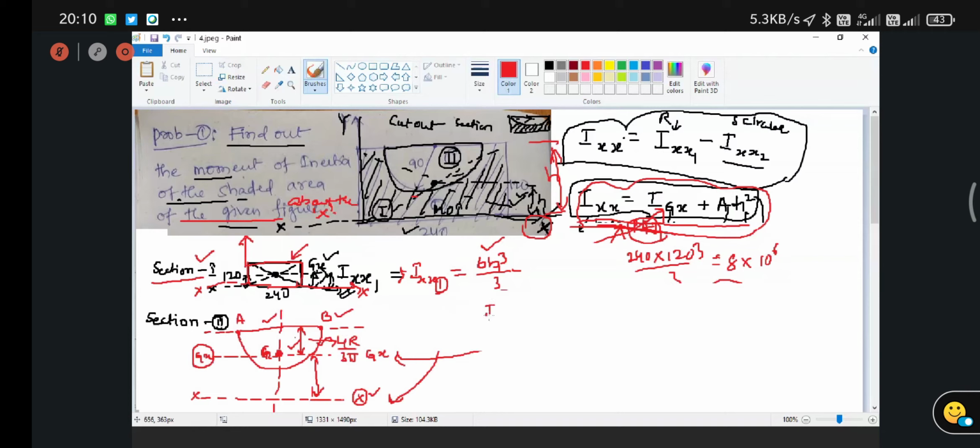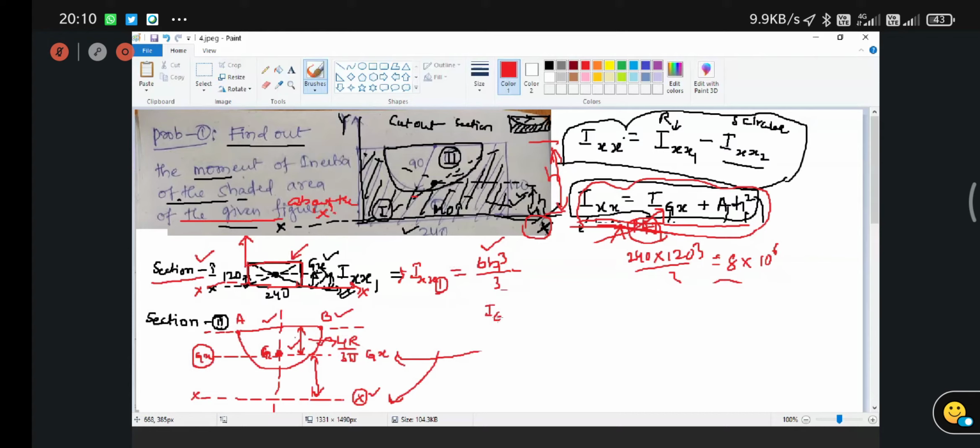So first of all, Igx, the moment of inertia of a quarter circle. I will call it Ix2 because it is the second section. That is the moment of inertia of the base axis, minus the area of that thing into h2 whole square.